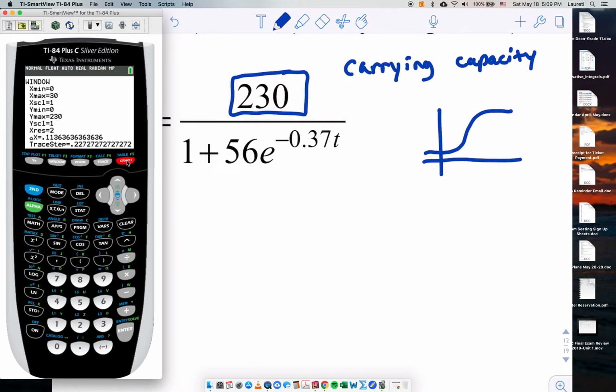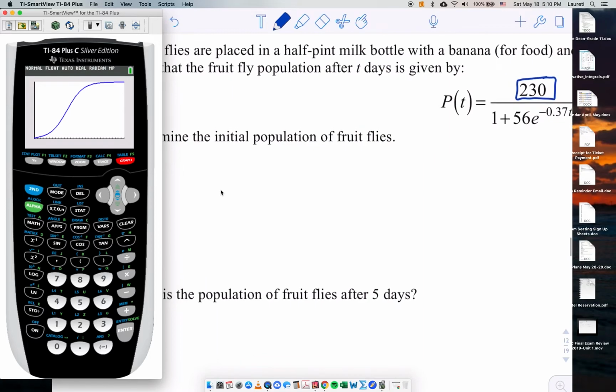All right, and then I'm going to hit graph. Okay, so that looks pretty good to me. I got the logistic function pretty much all there, so I'm pretty much set to go now.